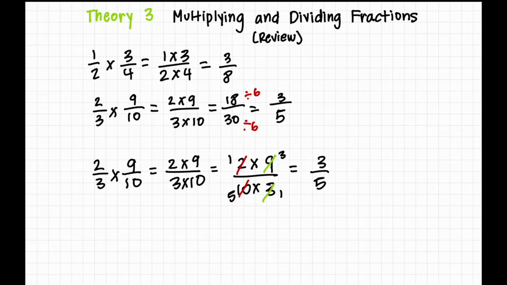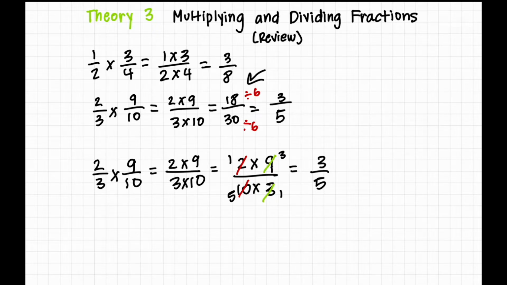Now I'll explain how this works. Let's say we have 2/10. We could just see this and go, oh, that's 1/5, like what we did here. So it's kind of the same thing.